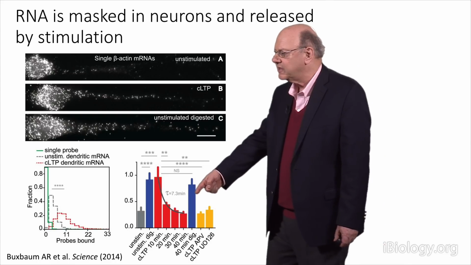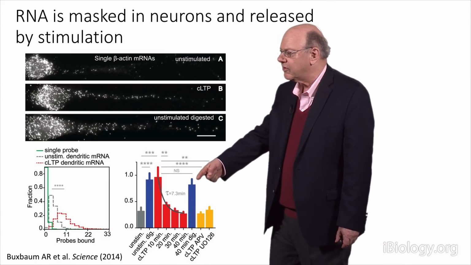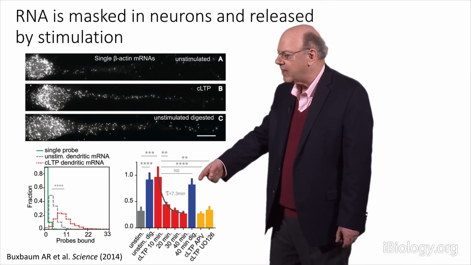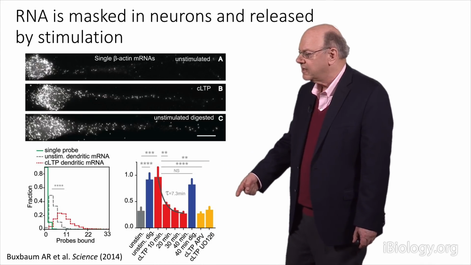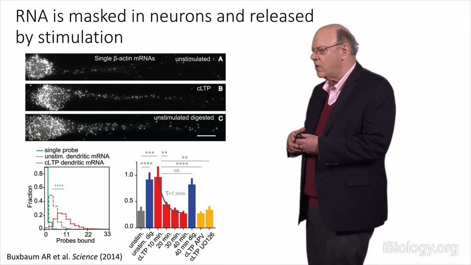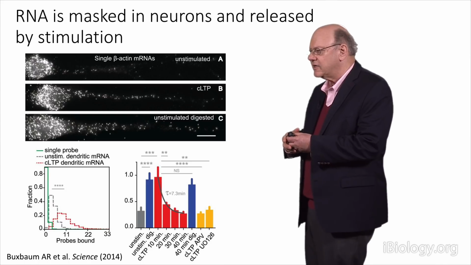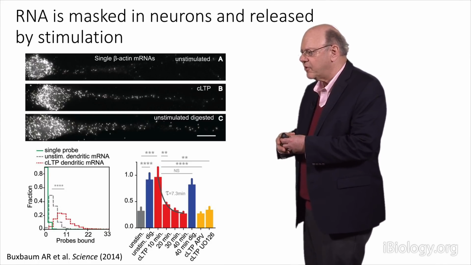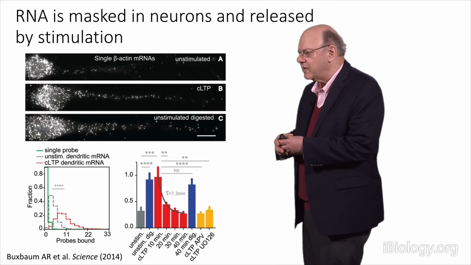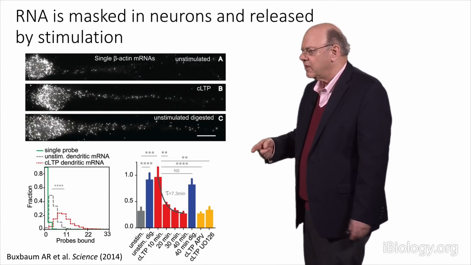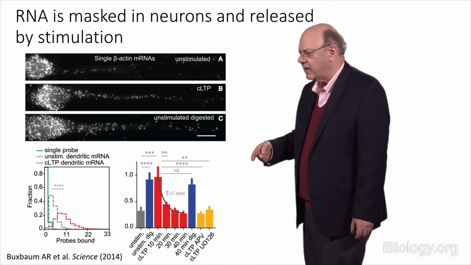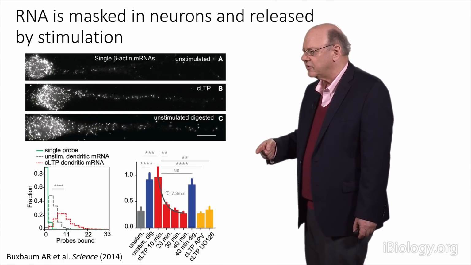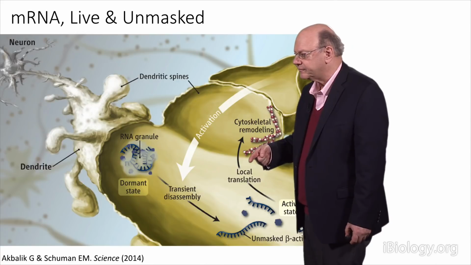But it's not like they degraded, because you can stimulate the neuron again and the RNAs come right back. So the whole thing is that RNAs go into granules and they're not accessible to the probe, or they're not capable of being translated until the neuron's been stimulated.